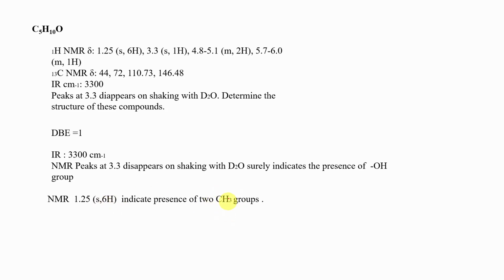These CH3 groups will not interact with any neighboring protons, which is why these two CH3 groups give a singlet. That indicates there is no neighboring proton attached to these two CH3 groups.